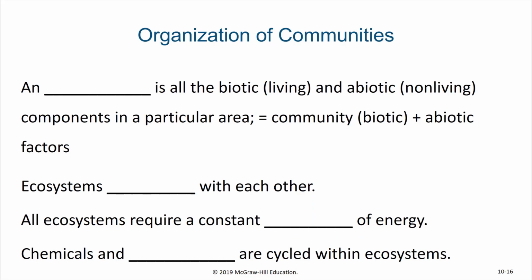An ecosystem is all of the living, biotic, and non-living, abiotic components in a particular area. So the community and the abiotic factors together make up the ecosystem. While we identify ecosystems as a group, neighboring ecosystems can interact with each other.